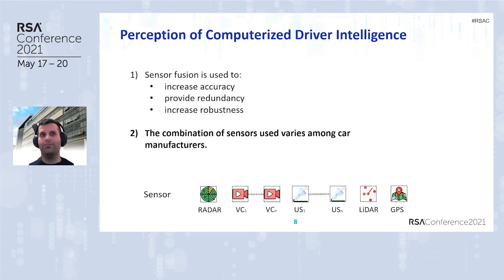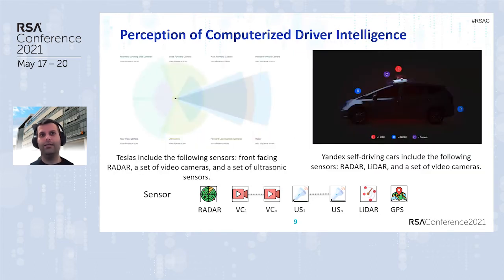The combination of sensors varies among car manufacturers. For example, Tesla includes front-facing radar, a set of video cameras, and a set of ultrasonic sensors. Yandex self-driving cars, on the other hand, include radar, LiDAR, and a set of video cameras.